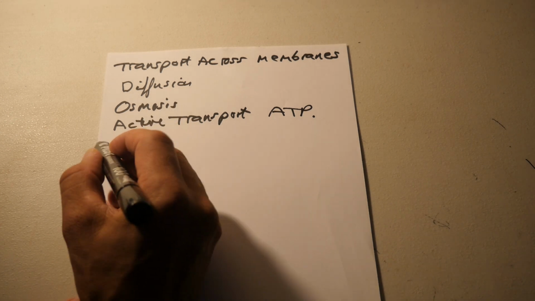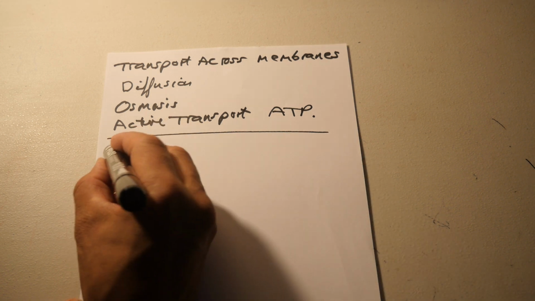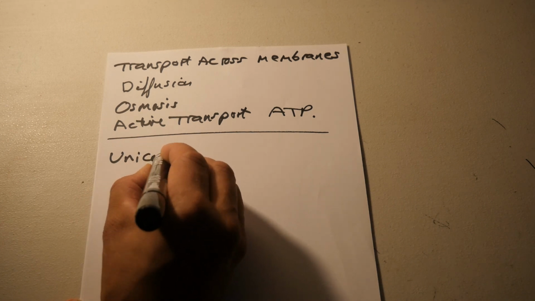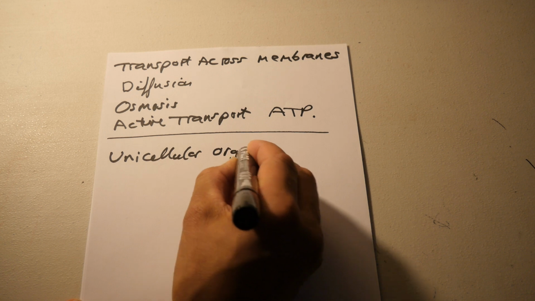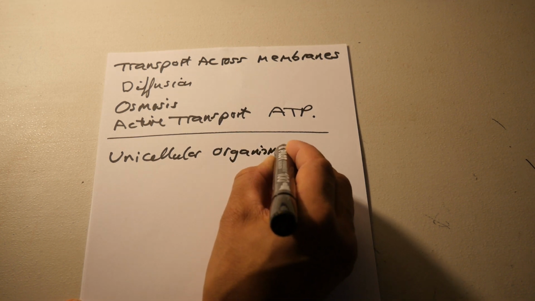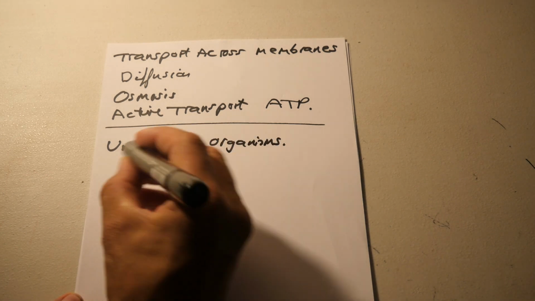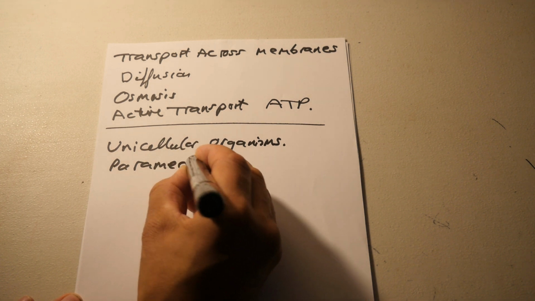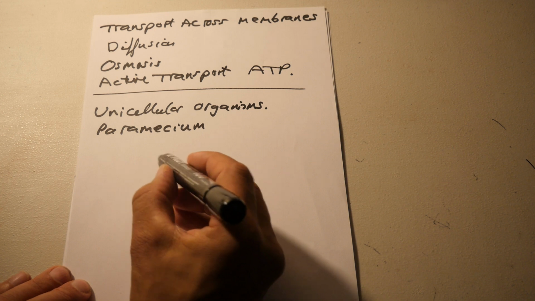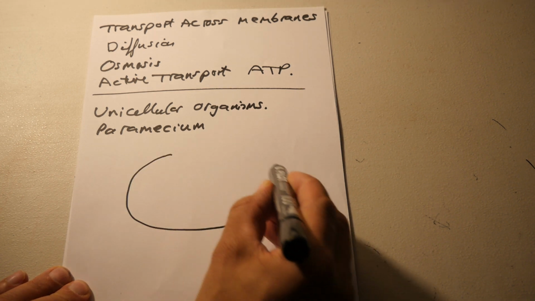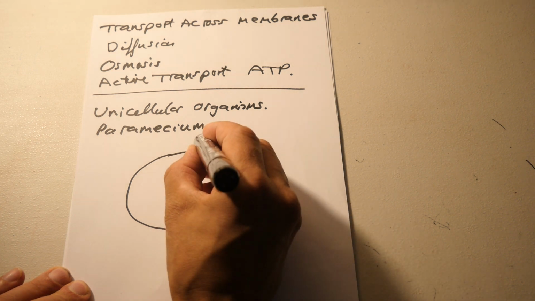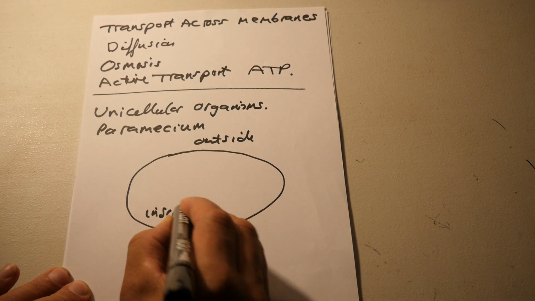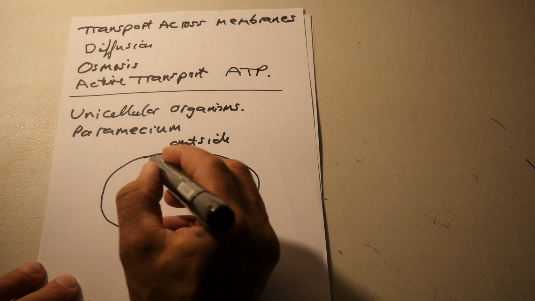So, starting with unicellular organisms, such as a paramecium, if you have a cell, this is outside and this is inside.